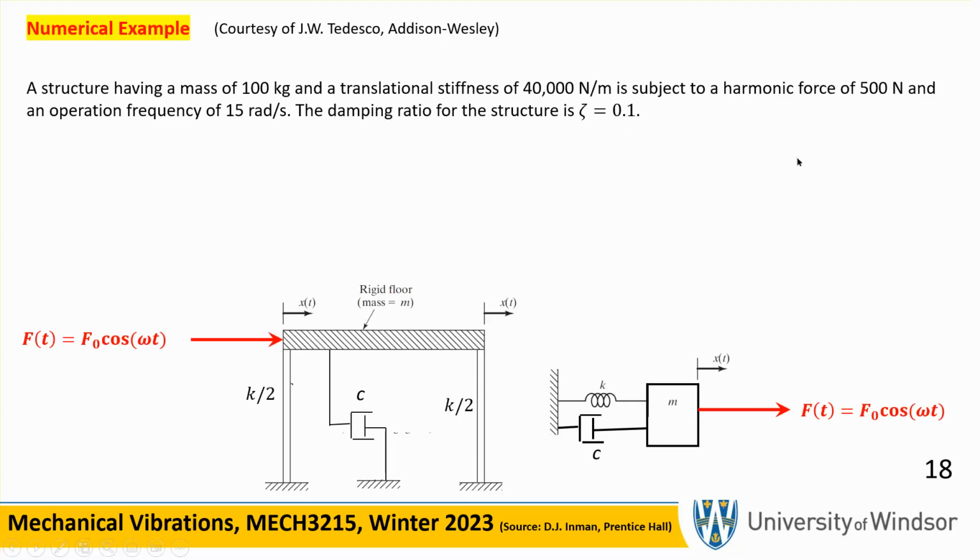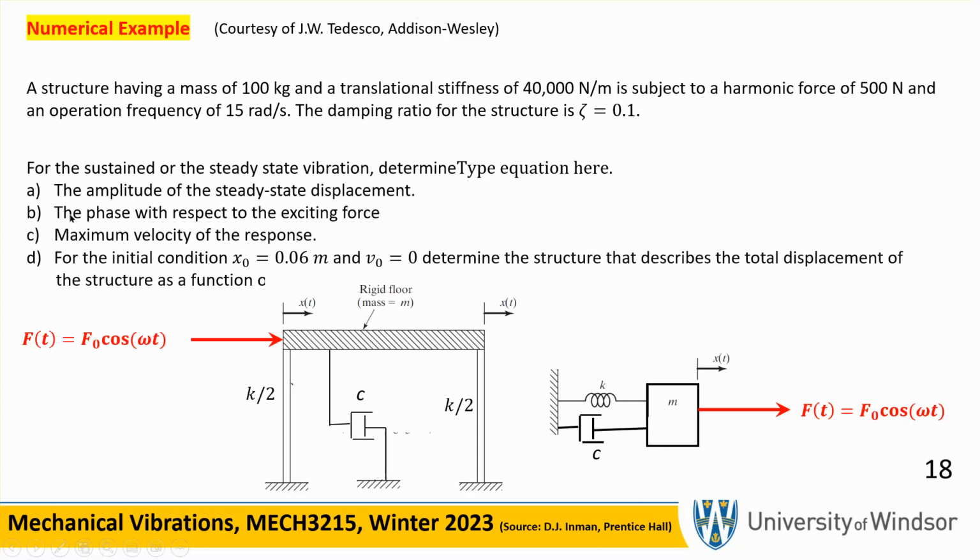So there are a few things that we have to do. Basically, we want to plot this thing. We want to plot the response x. We want to get it and plot it. But let's see now. First of all, it says for the sustained or steady state vibration, determine the type of... what it really should say, and I'm going to clean this up when I talk about it in class tomorrow morning, is that... forget about this.